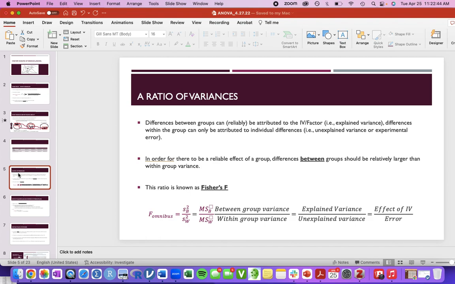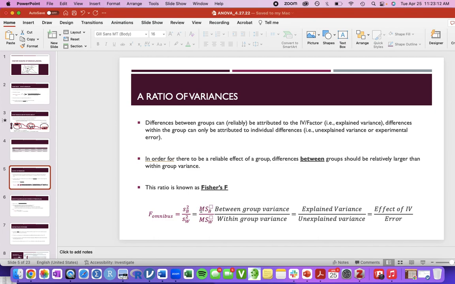So in order for there to be a reliable effect of group, we need the variance difference between the groups to be larger than the within group difference. So when we look at Fisher's F, we can calculate the Fisher's omnibus. It just means the variance between over the variance within.